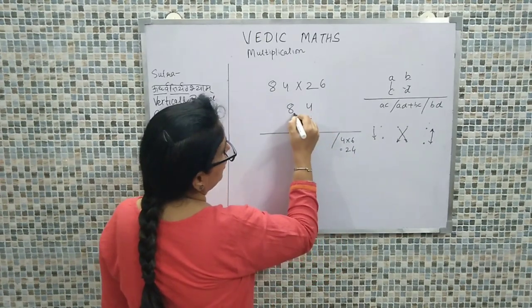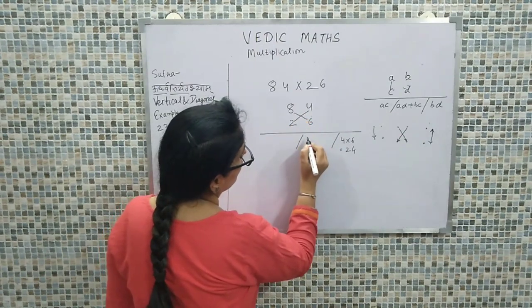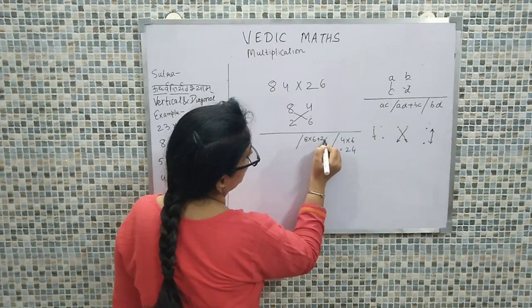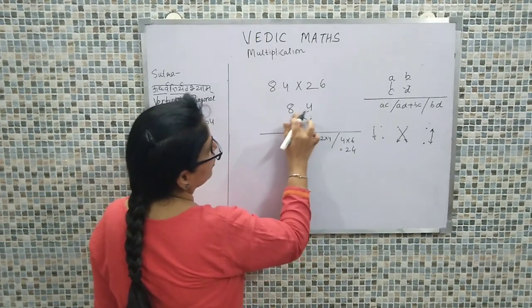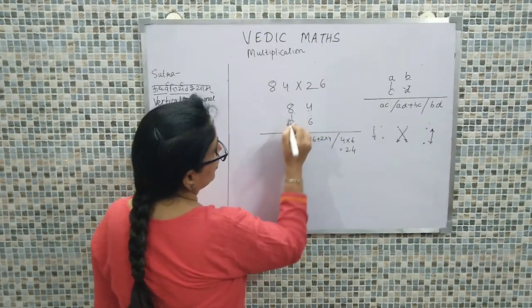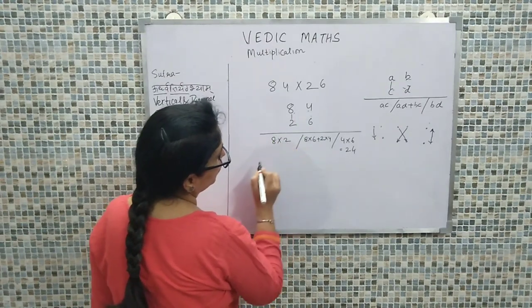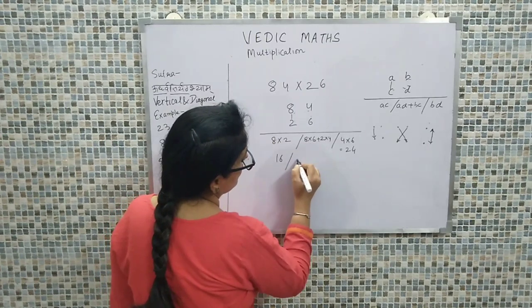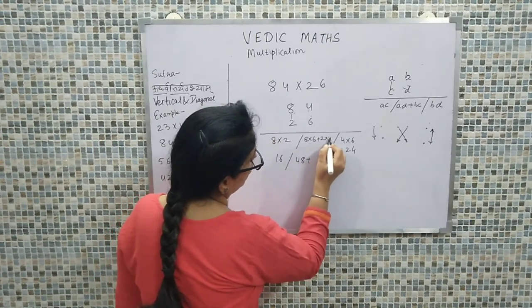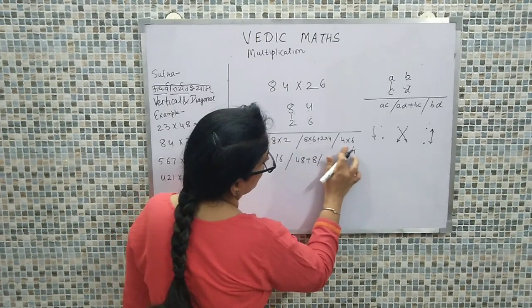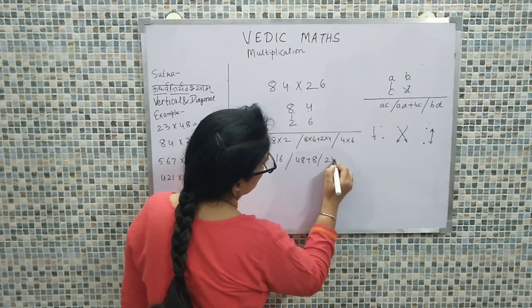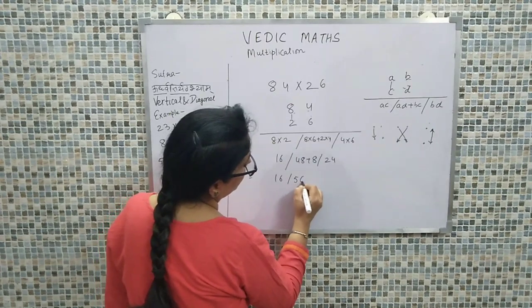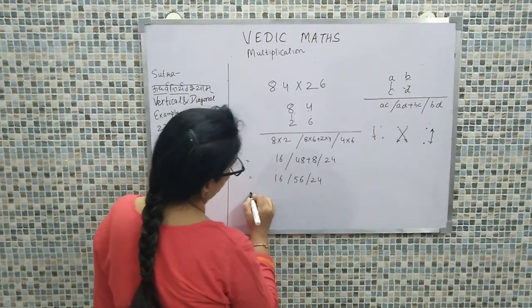The second will be diagonally, crosswise, 8 into 6 plus 2 into 4, and the third will be 8 into 2. So 8 2s are 16, 6 8s are 48, 4 2s are 8, and here 6 4s are 24. We have 16, 56 and 24.